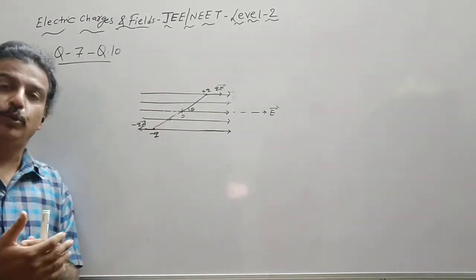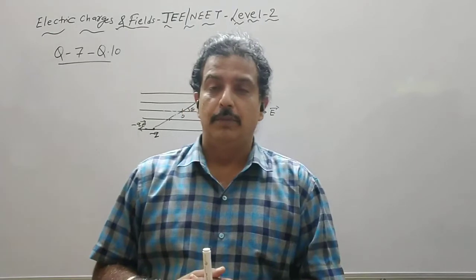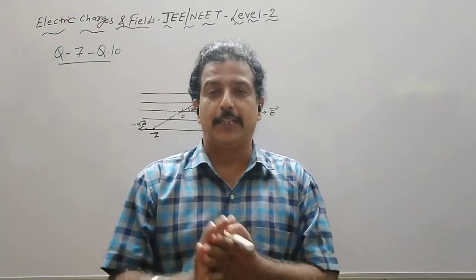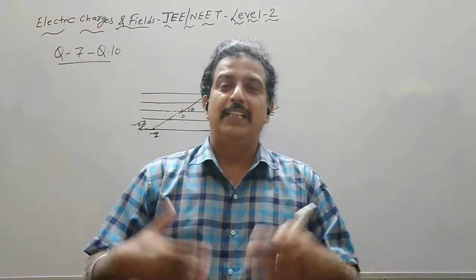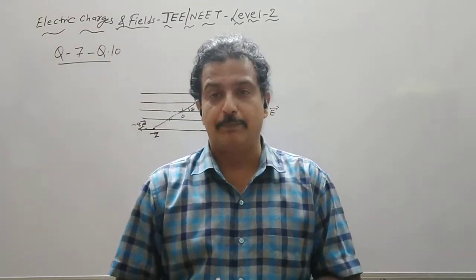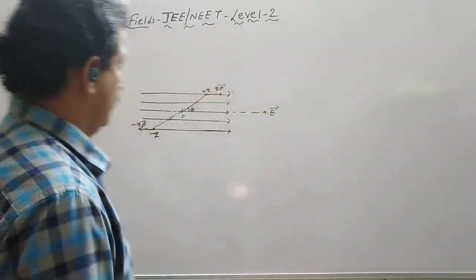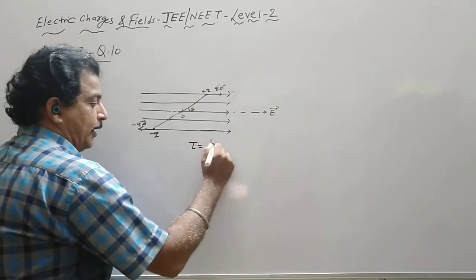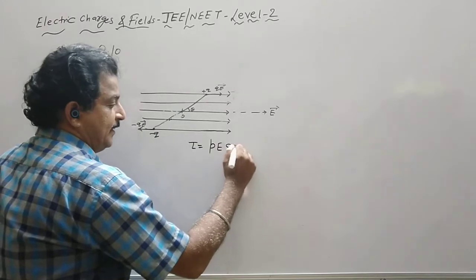So we have to prove that it will perform a simple harmonic motion. Now because it is rotating, we will say it will perform angular simple harmonic motion. Now let us see, we know the magnitude of the torque acting is PE sin theta.